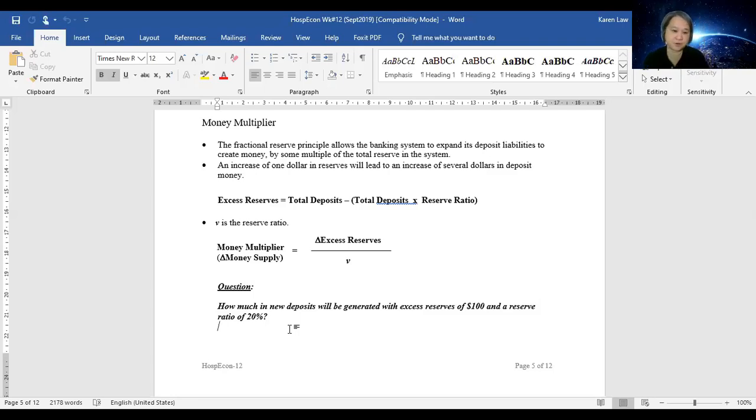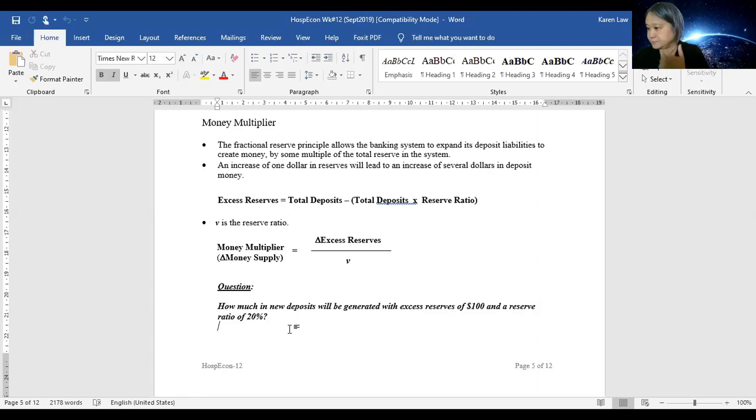You have to figure out how much you can lend out. That is your excess reserve. The equation is: excess reserve equals total deposits minus total deposits times the reserve ratio. And the money multiplier formula, the change in your money supply, is equal to the excess reserve divided by the reserve ratio.